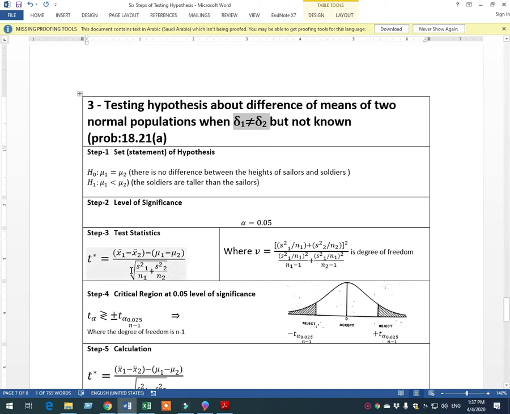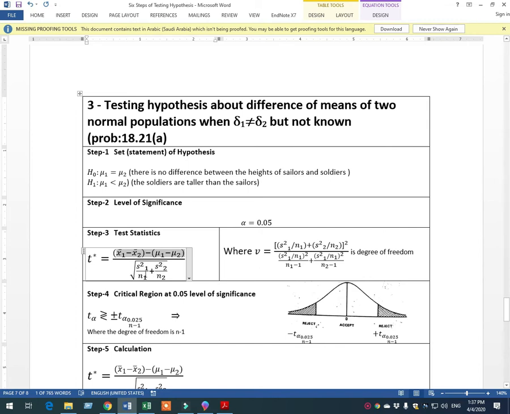So here there is no pooled variance. There are two different sample variances used in the formula. The numerator remains the same: X1 bar minus X2 bar minus mu1 minus mu2.